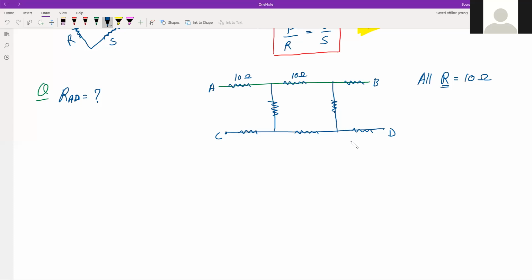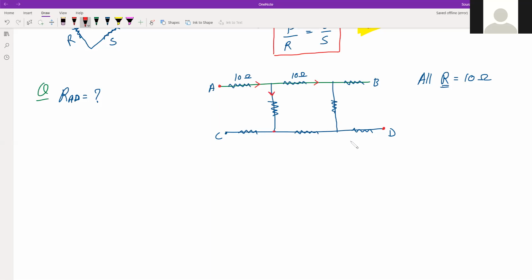What do we have to find? Between point A and point D, what is the total resistance. When we do that, the current will flow like this. It will come here and get divided here.